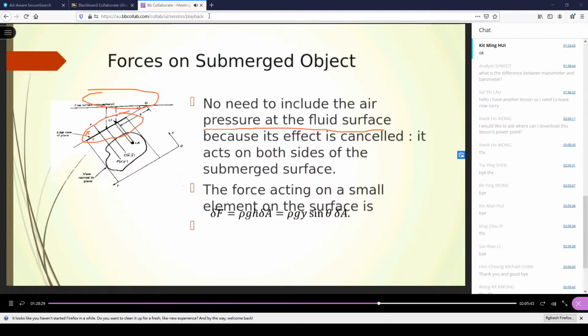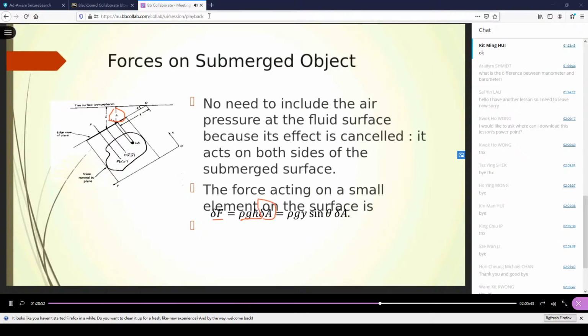The small force acting on a body at a depth h is the pressure rho g h times delta A, where delta A is the area.